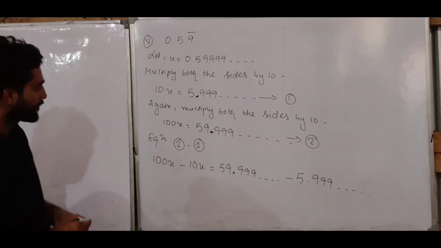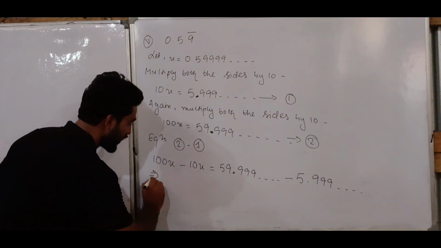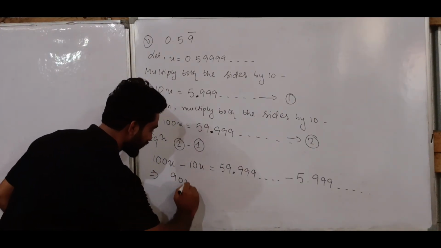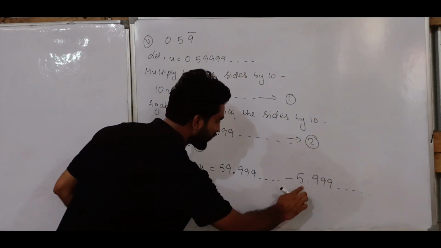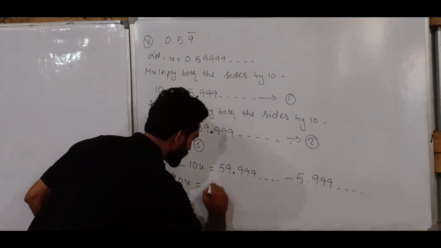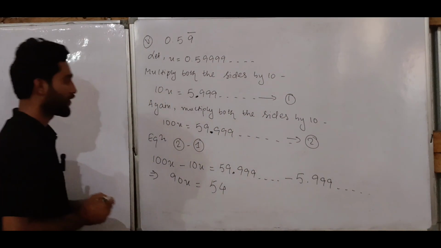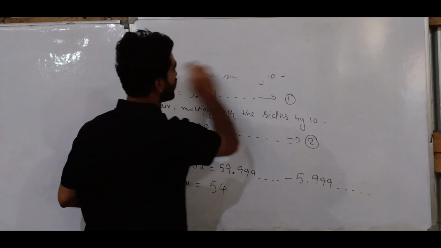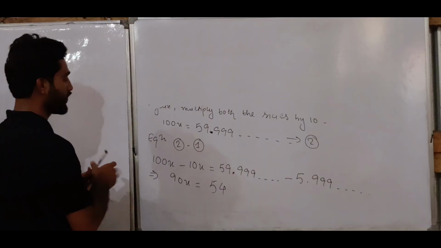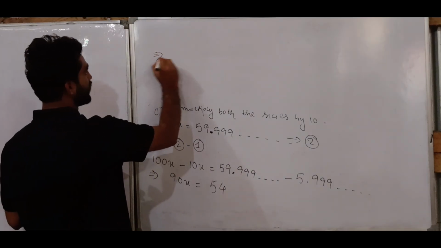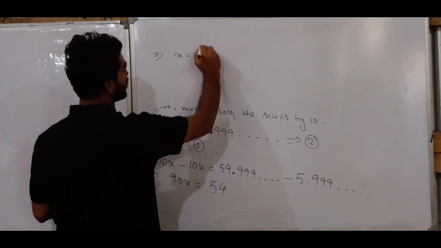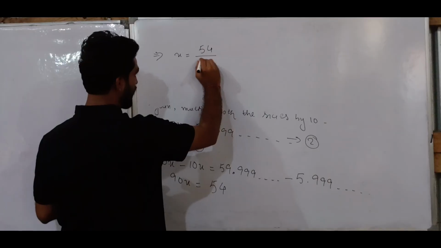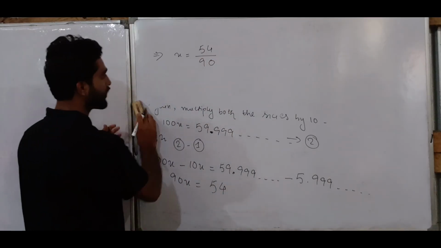So this will be 100x minus 10x is 90x is equal to 54. Sorry, 59 minus 5 is 54. Now x is equal to 54 divided by 90.